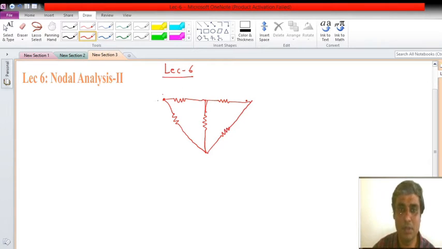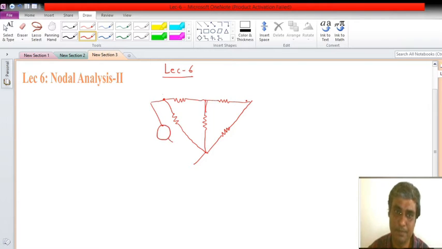Now let me first insert the current sources. Suppose one current source is connected here, like this. The second current source is connected in this branch, with this arrow.